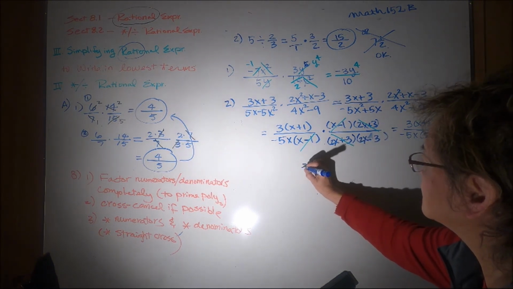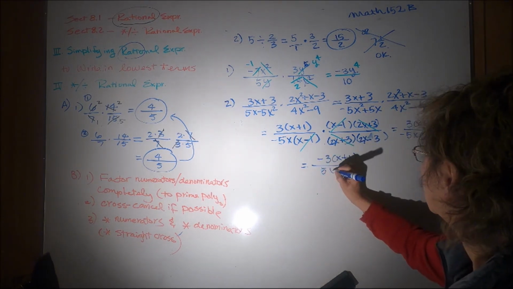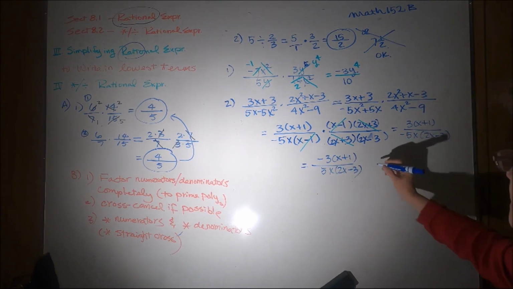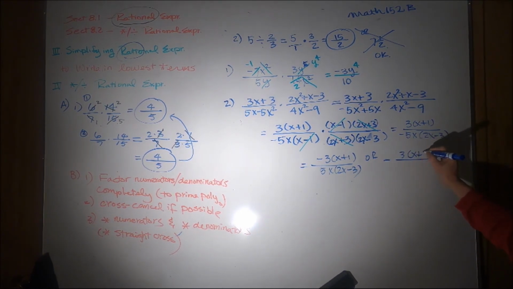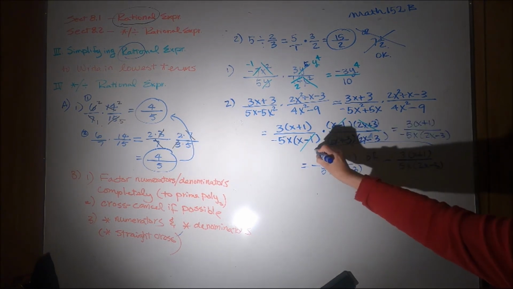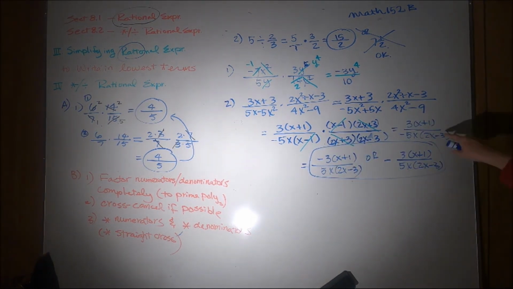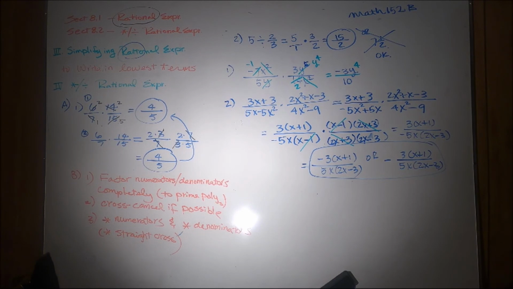You will write the answer as negative 3x plus 1 divided by 5x, 2x minus 3, or you can leave the negative outside: negative (3x plus 1) over 5x, 2x minus 3. Either one would be fine. The computer will take it, but if you put a negative on the bottom, the computer will reject it. So that's the multiplication.